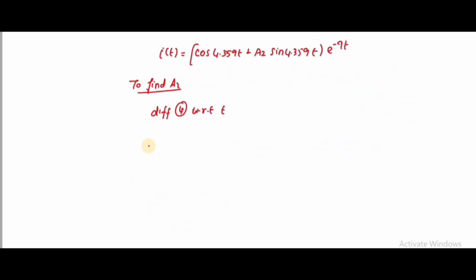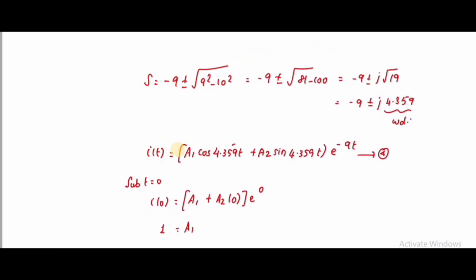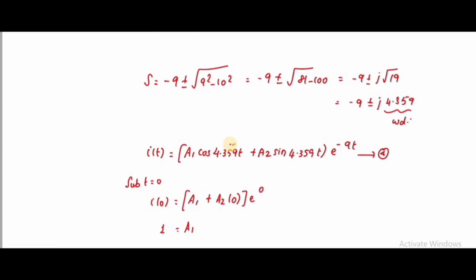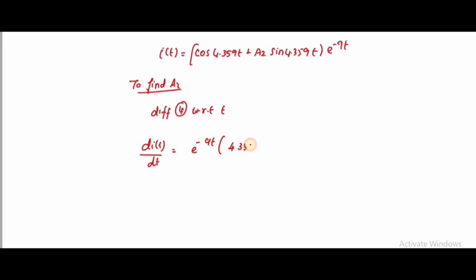So di by dt: this is a uv formula. I take e power minus 9t common. Now I differentiate a1 cos 4.359t, so you get 4.359 times a1 times minus sine 4.359t, plus a2, because for both the 4.359 comes out, so I take it common, and sine differentiation is cos.